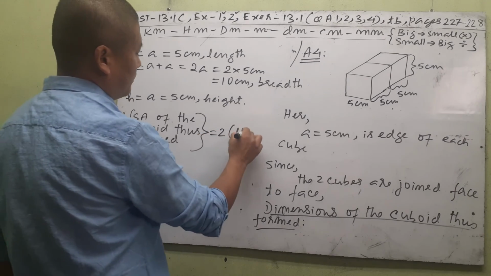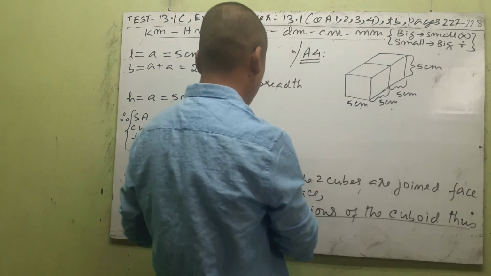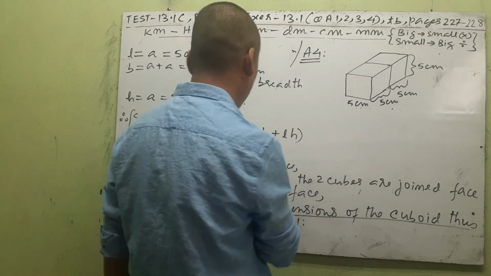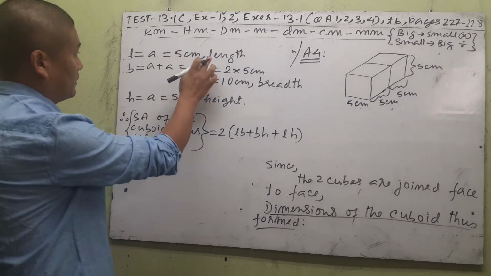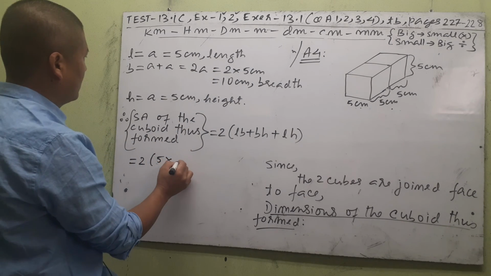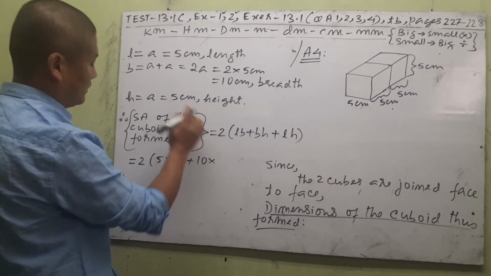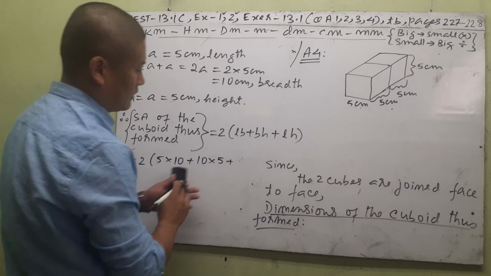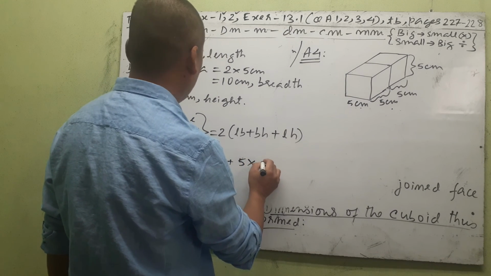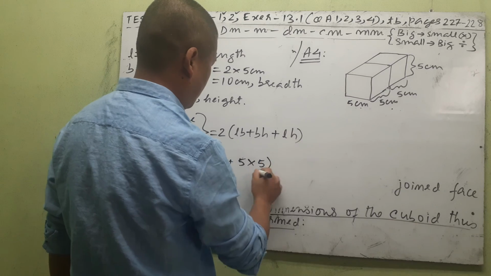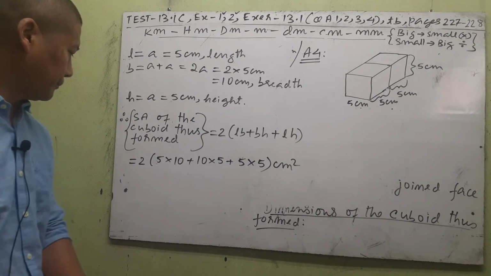Formula is 2 into (LB plus BH plus LH). So there will be 2 into (L is 5, B is 10, plus BH, 10 into H is 5, plus LH, L is 5 into H is 5), centimeter square for area.